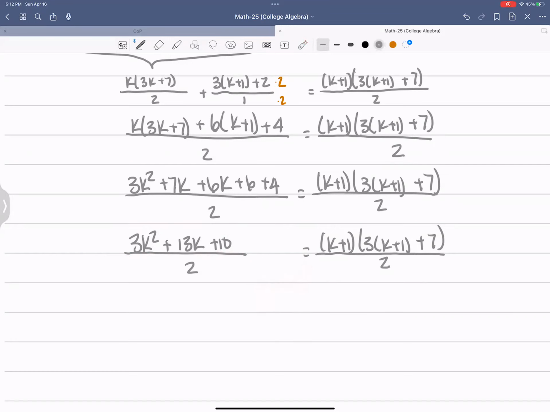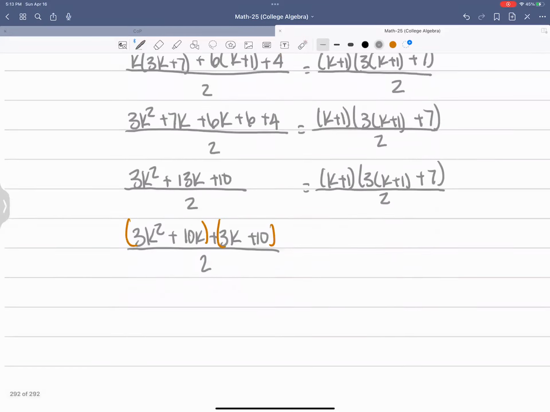So factoring by grouping. So 3k squared plus 10k plus 3k plus 10 over 2. Let's group the first two terms together, grouping the second two terms together, making sure that there's a plus in the middle.